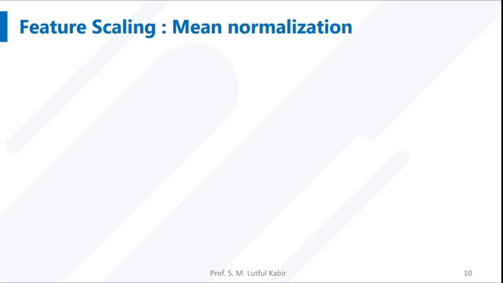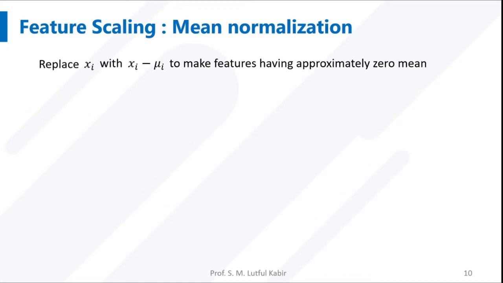One of the very popular scaling mechanisms is mean normalization. What is meant by mean normalization? So the steps are, first of all, you have to replace all features with xi minus mu i.